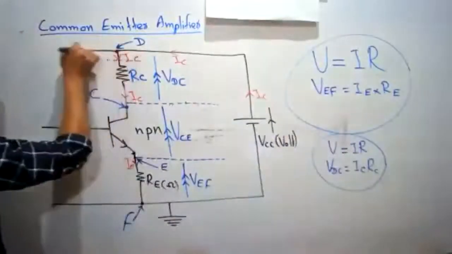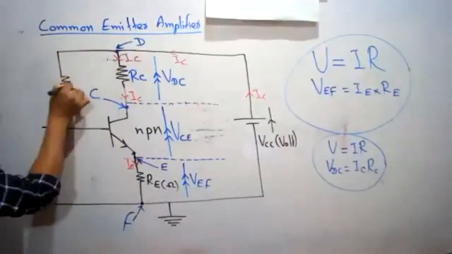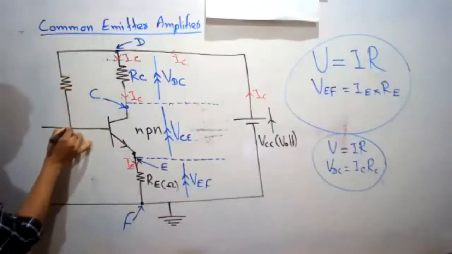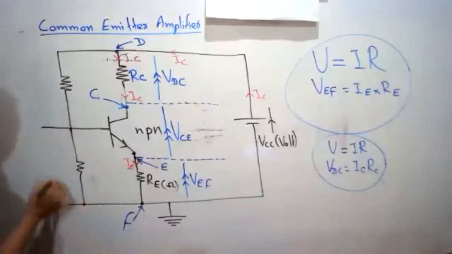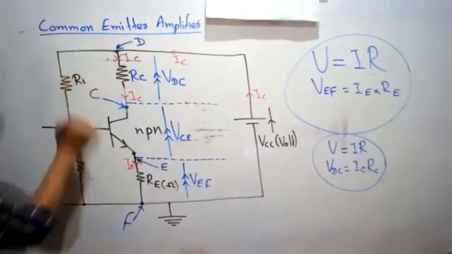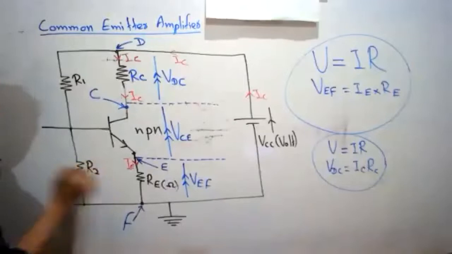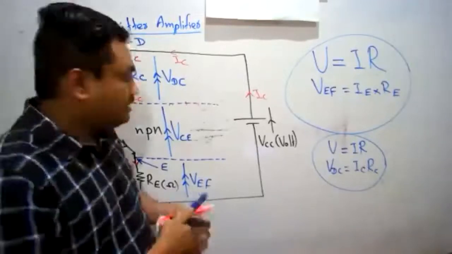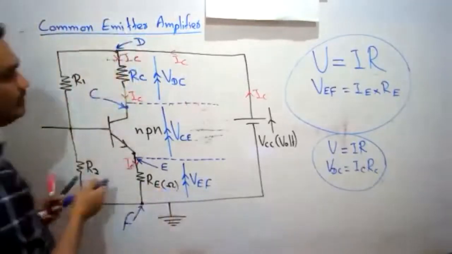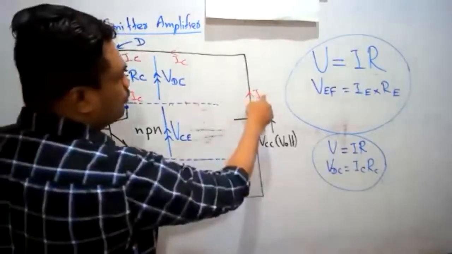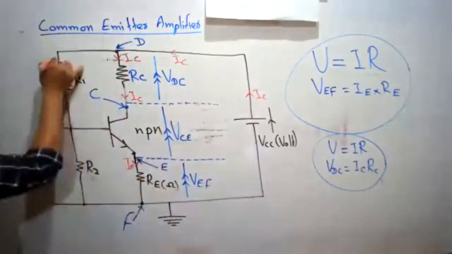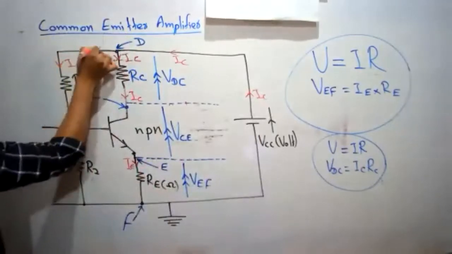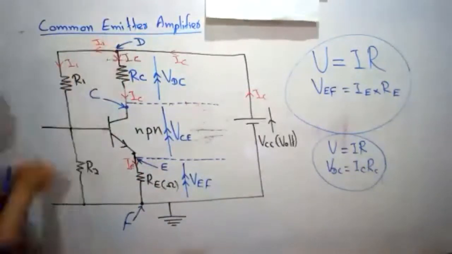So we use two resistors to connect the base like this. I'll explain the use of these two resistors. This is R1, this is R2. Then actually this is not only IC, because this R1 takes a current of I1.